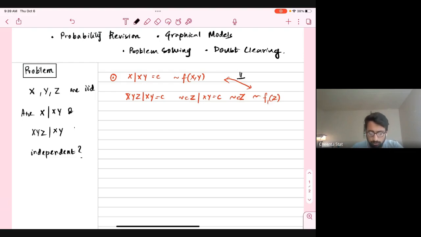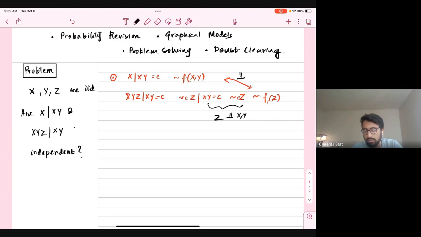So X given XY equal to c is nothing but a function of X and Y, the random variables X and Y. And XYZ given XY equal to some constant is nothing but, just put XY as a constant, so it's cZ given XY equal to c. Now Z is independent of XY, so cZ given XY equal to c is nothing but cZ, because Z is independent of X and Y, and therefore it's just a function of Z.